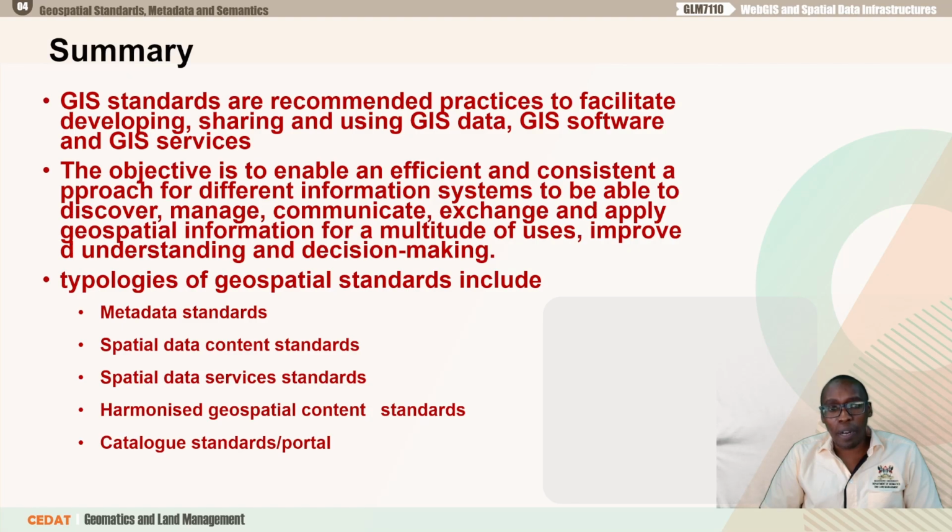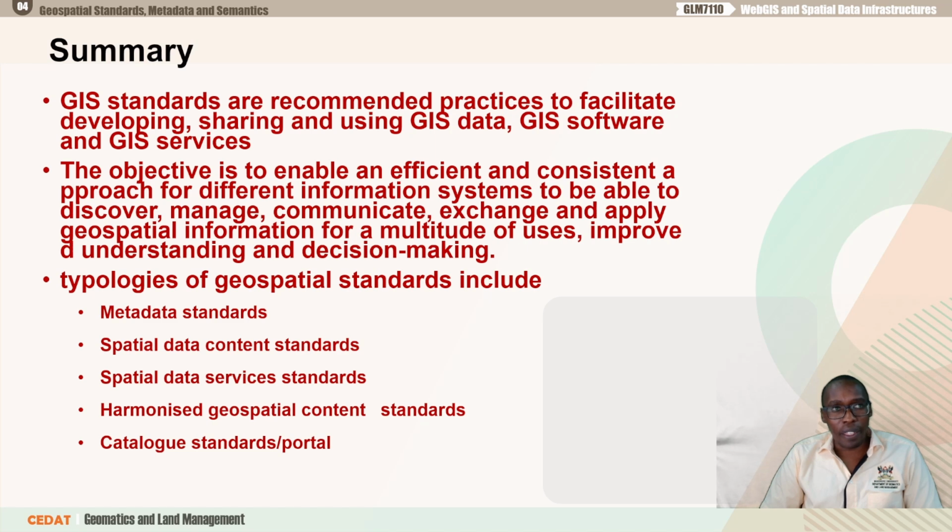We have also talked about the different typologies of standards that are found in the geospatial world. We said we have standards that can be defined by nature, and also standards defined by how legal they are.